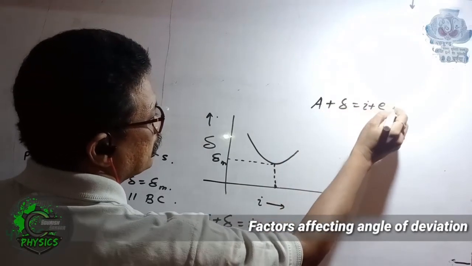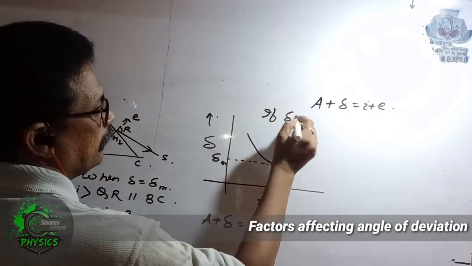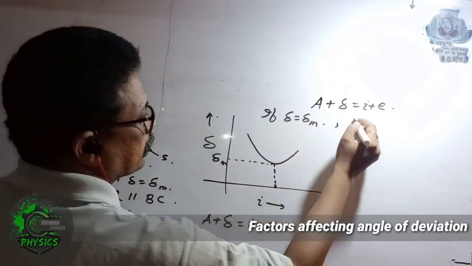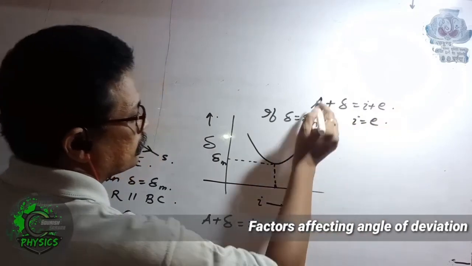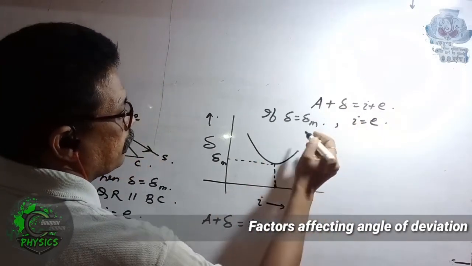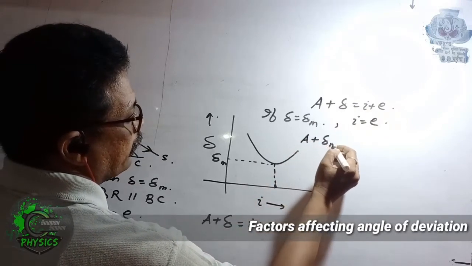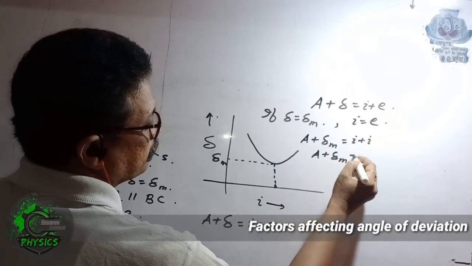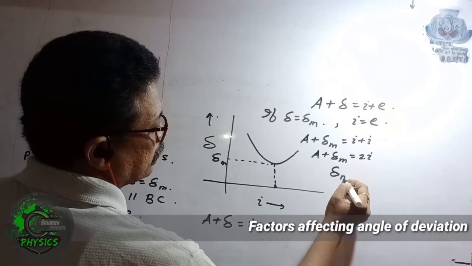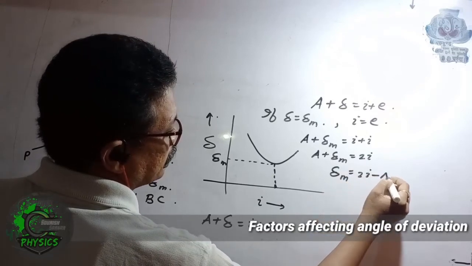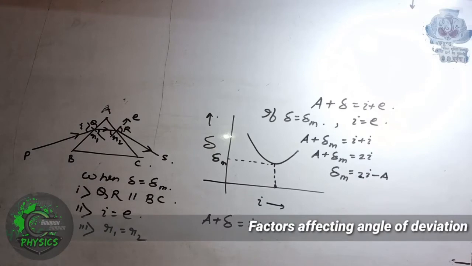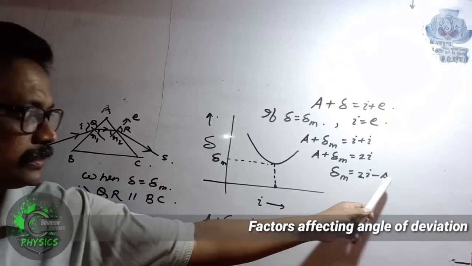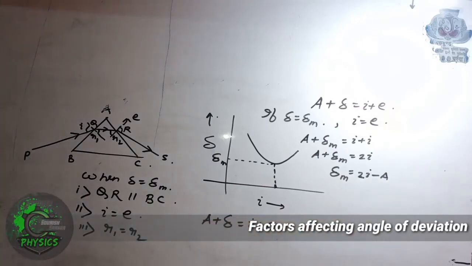If delta equals delta m, that is at minimum deviation, we get I equal to E. So the formula changes to A plus delta m equals I plus I, so A plus delta m is equal to 2I. So what is delta m? That is 2I minus A. So we can say at minimum deviation, delta m is equal to 2I minus A.